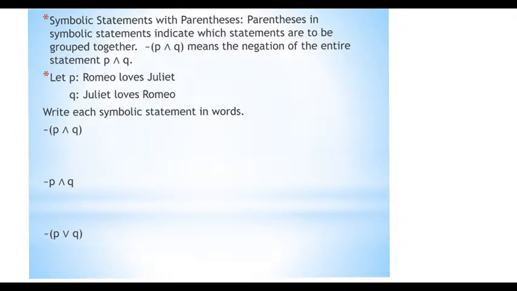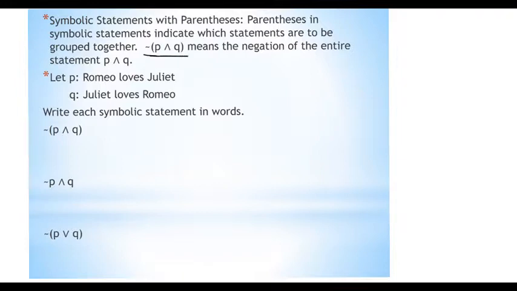So here we're going to look at symbolic statements with parentheses. And really what we're going to look at is the negation of an entire statement. So if you have the negation symbol outside your parentheses, that means you're negating the entire statement.